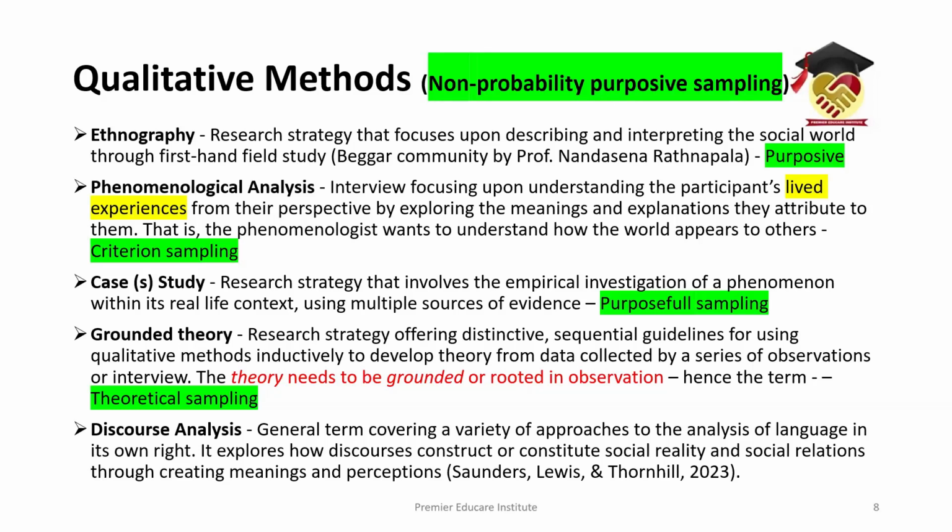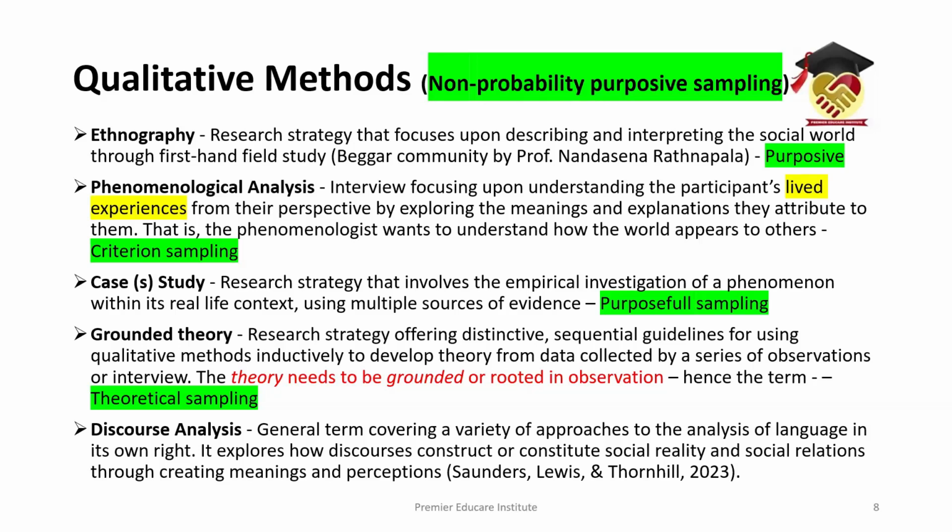Phenomenological means lived experience. For example, you want to do an investigation about some person, some cricketer, some tuition master, some artist. For that you have to do the phenomenological analysis. Here again the sample is purposive. I told you very clearly, whatever the qualitative method, your sampling is purposive sampling or non-probability.